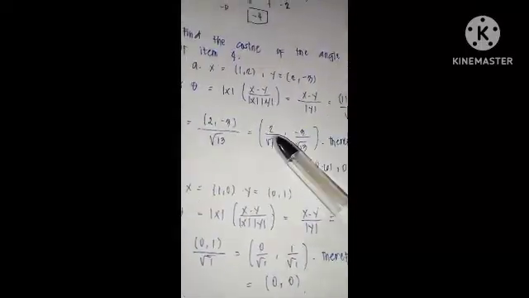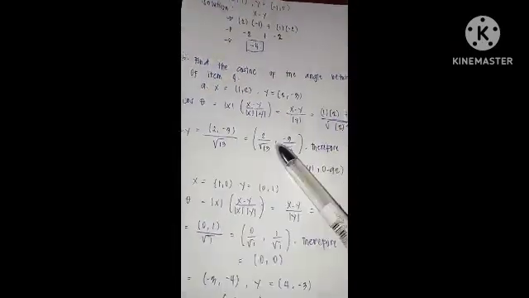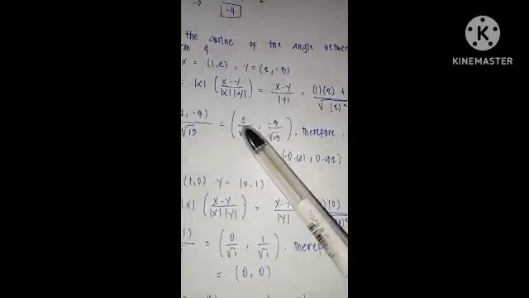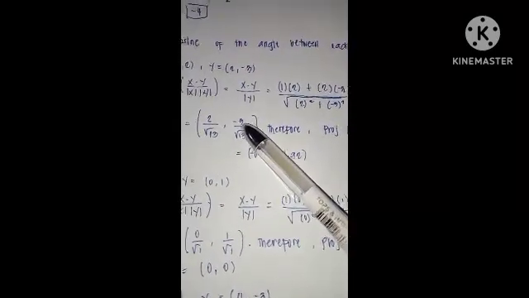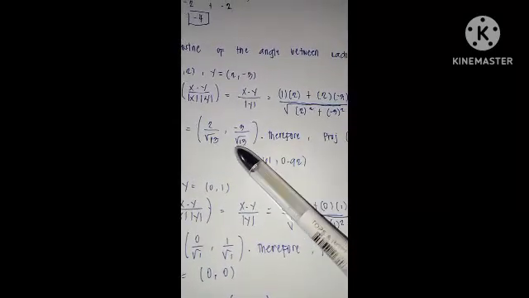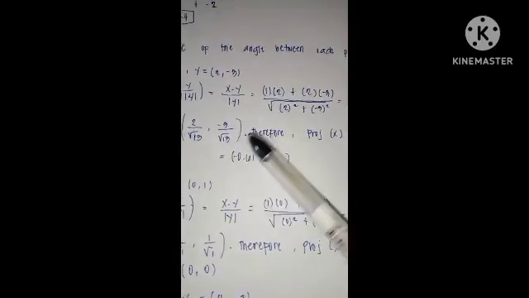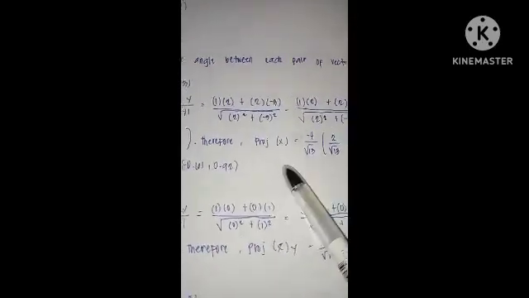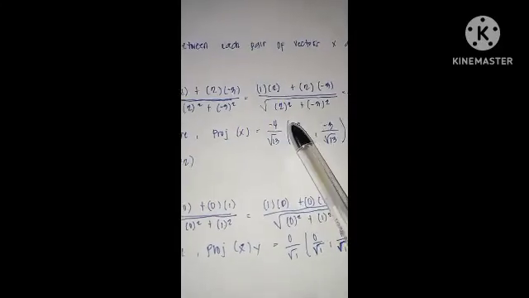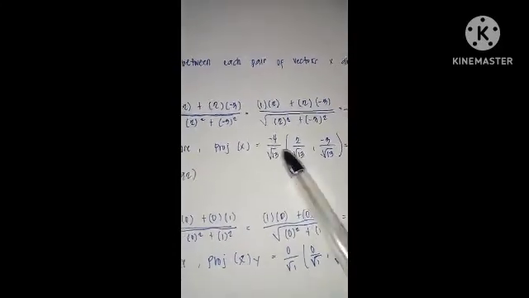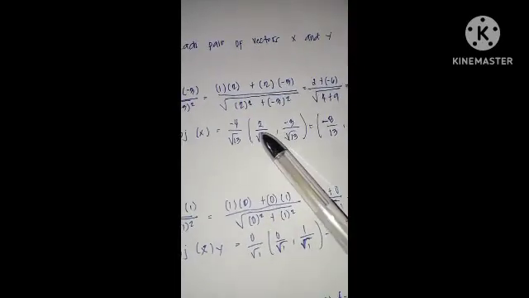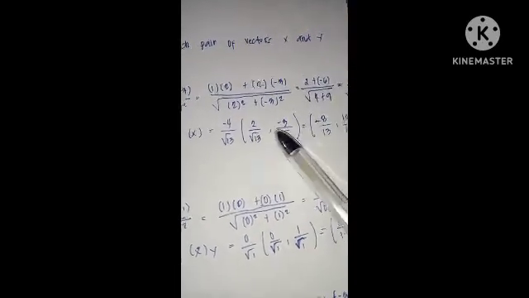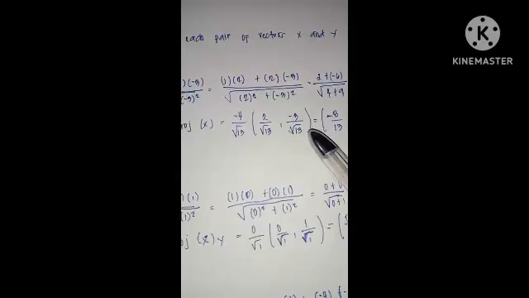We separate the two: 2 over the square root of 13 and negative 3 over the square root of 13. So therefore, the projection of x is negative 4 over the square root of 13 times (2 over the square root of 13, negative 3 over the square root of 13).